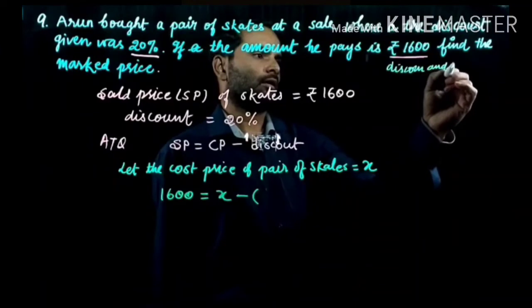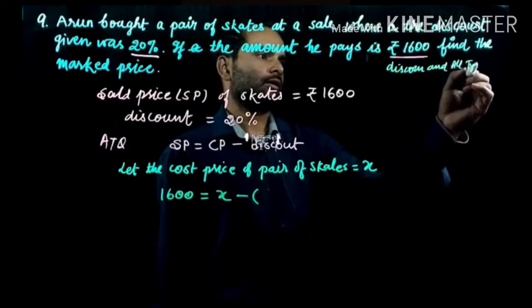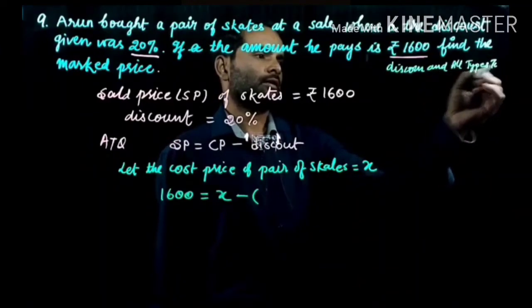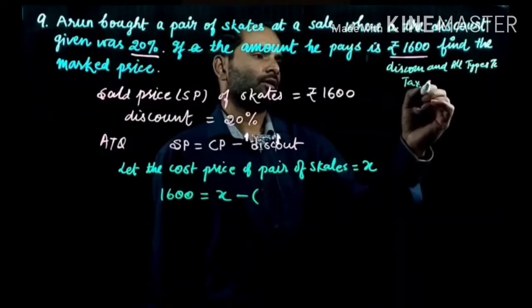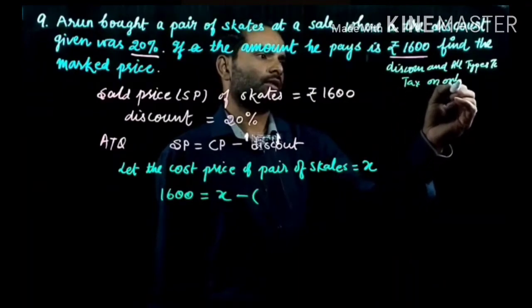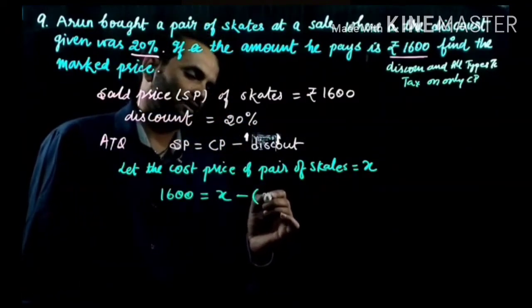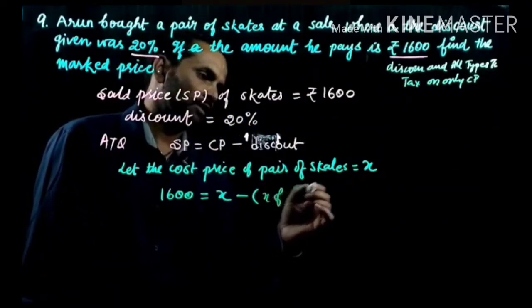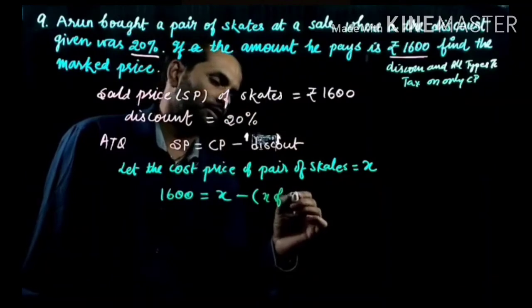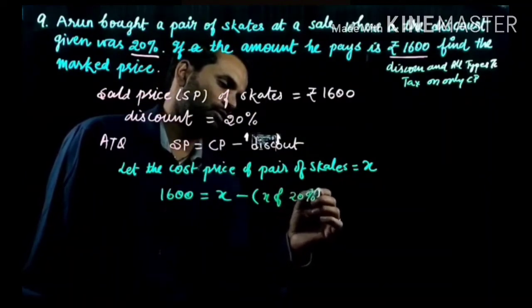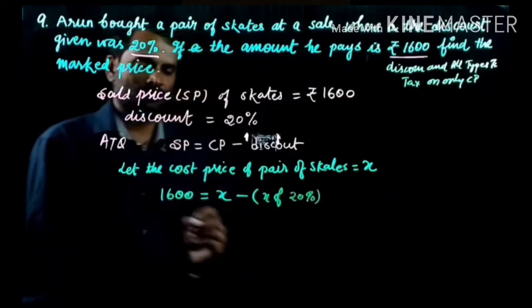All types of tax and discount are on only CP. So this is X of how many percent? 20%. X of 20%.